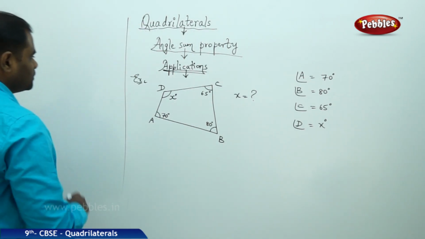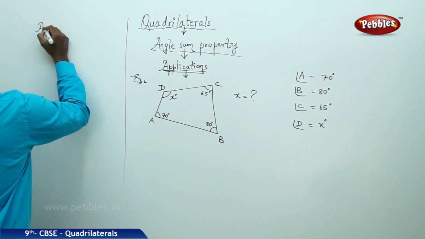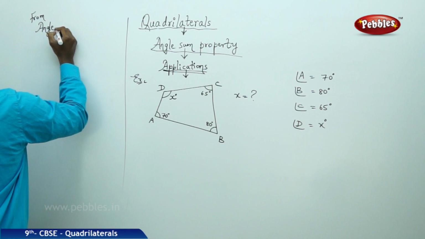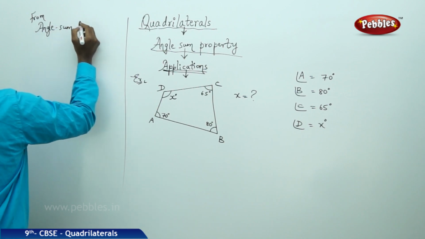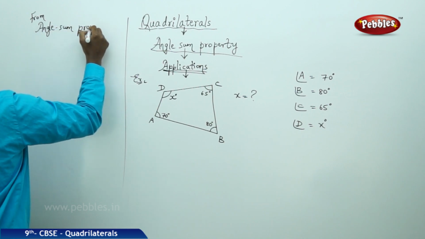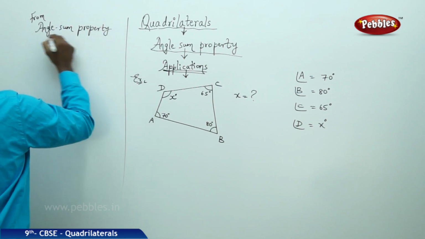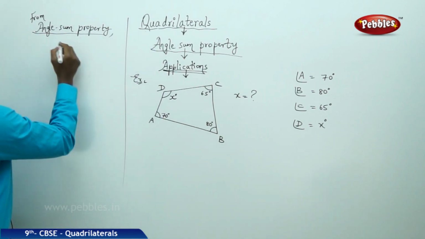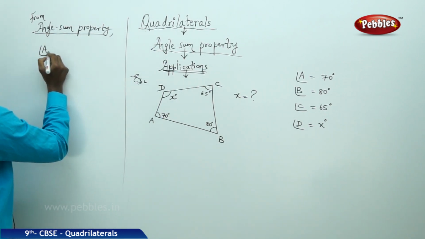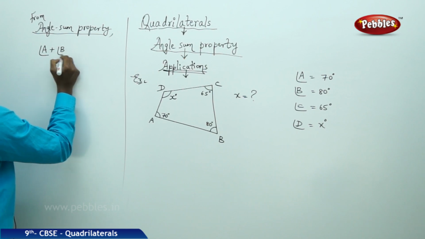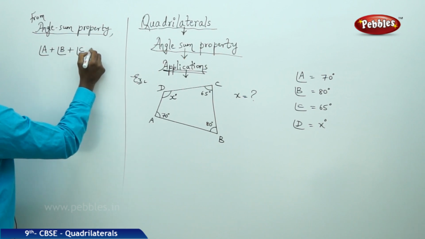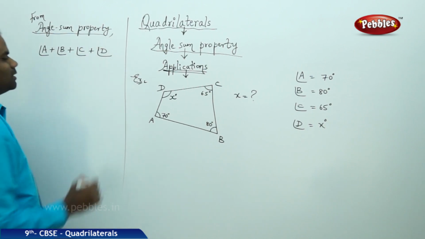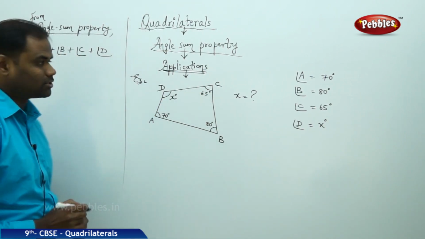Now clearly, from angle sum property for quadrilateral ABCD, we have angle A plus angle B plus angle C plus angle D, all sum equals 360 degrees.